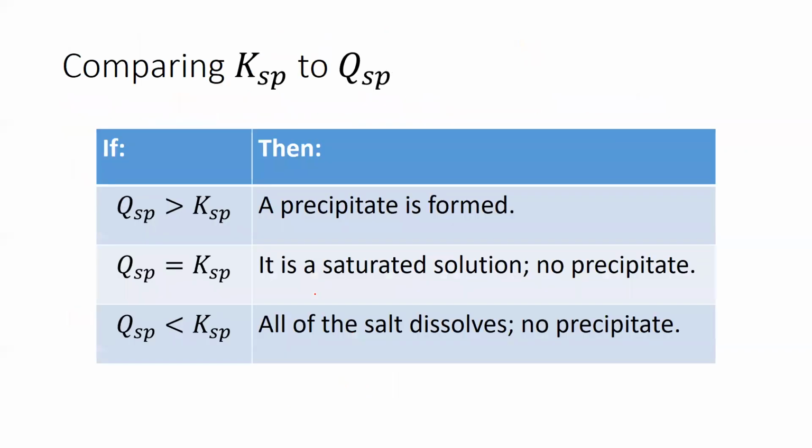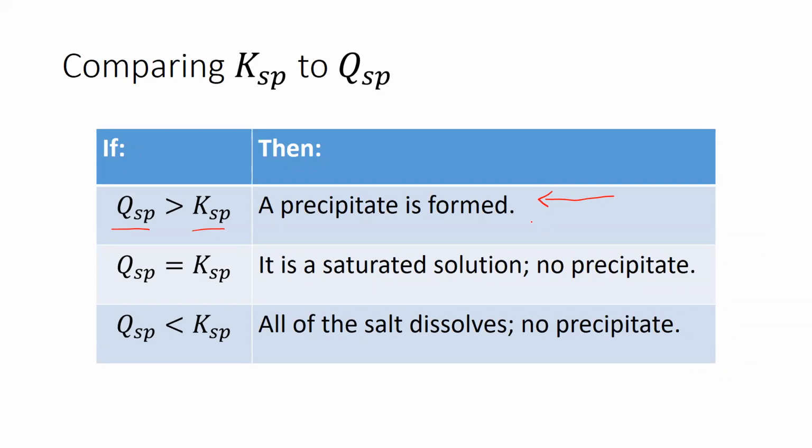So let's look at some of those relationships and talk about it from the Qsp and Ksp standpoint. If you're going to calculate these concentrations, how might you do that? Well, you might add two solutions together, like we did in chapter 4 in Chem 101, where we had silver nitrate and sodium chloride. When we add those two things together, we can calculate that Qsp value. If we compare that to the Ksp, and the Qsp is larger, remember, if Q is bigger than K, it says that the reaction is going to go from right to left.